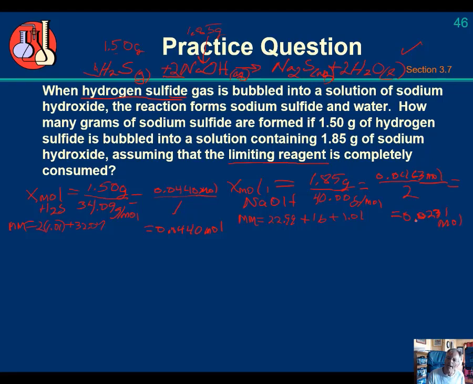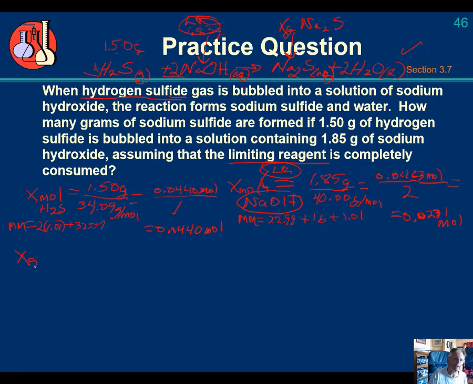So by a good stretch, sodium hydroxide, this stuff right here, the larger amount in grams, this is our limiting reactant. So let's go ahead and figure out how many grams of sodium sulfide we can make.